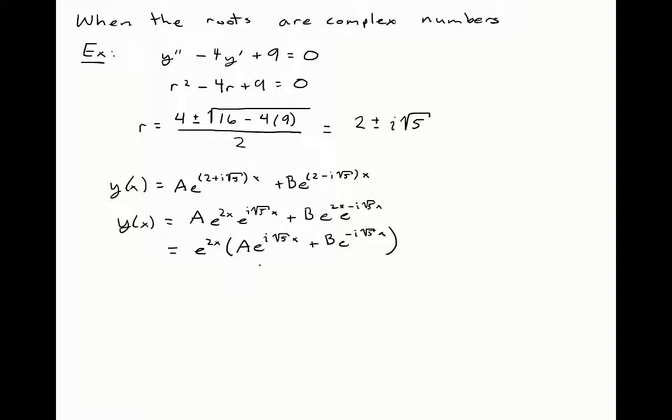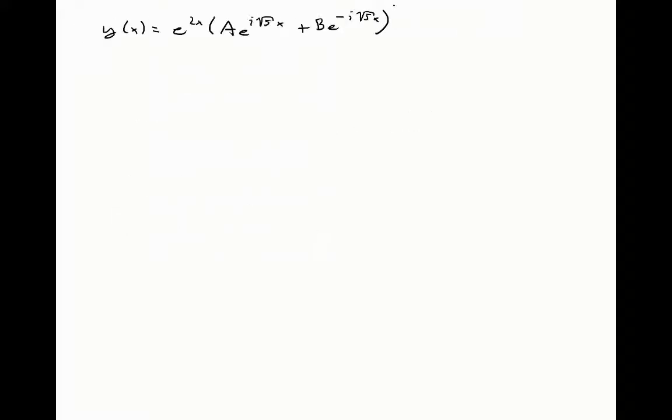I want you to do this part yourself, and let me give you some more detailed instructions on the next page. So we have an equation of this form. I want you to rewrite this in terms of sines and cosines, using Euler's formula.